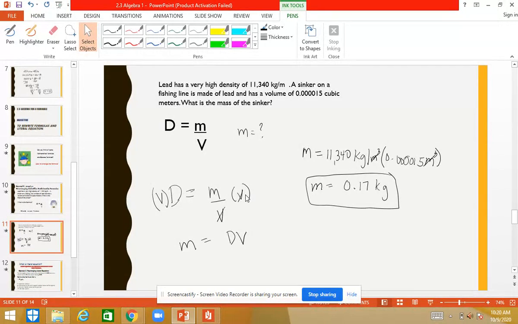By multiplying both sides by volume, I got mass is equal to density times volume. Then you substitute the givens: 11,340 kilograms per cubic meter as the density, and the volume is 0.00015 cubic meters. When you multiply using your calculator, to the nearest hundredth, the answer is 0.17 kilograms.